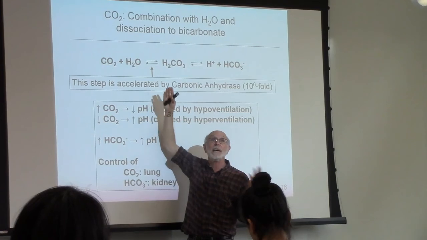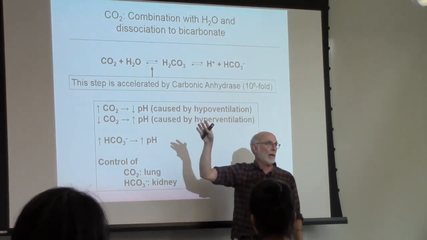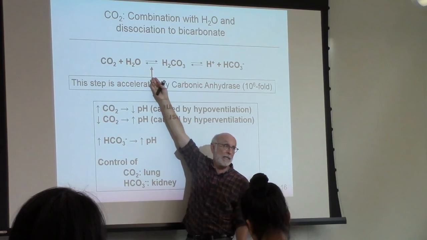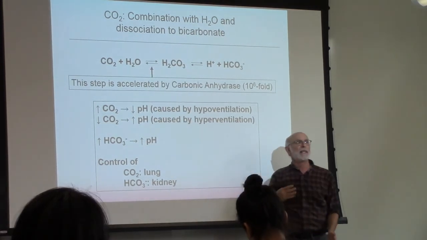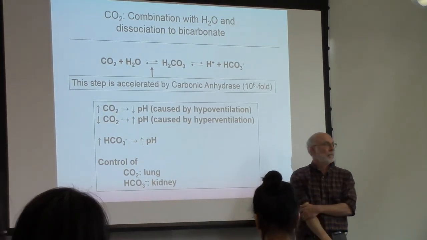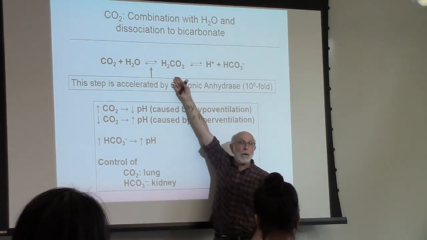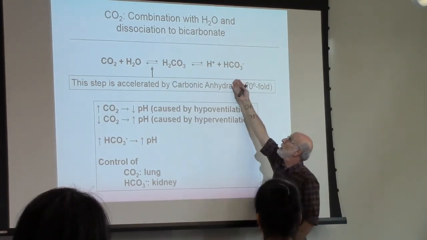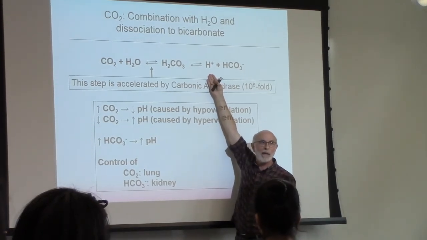But remember, this is an equilibrium. The enzyme doesn't push it one way or the other. The enzyme simply accelerates this rate. Carbonic acid dissociates into protons, hydronium ion, isn't that what you call it?